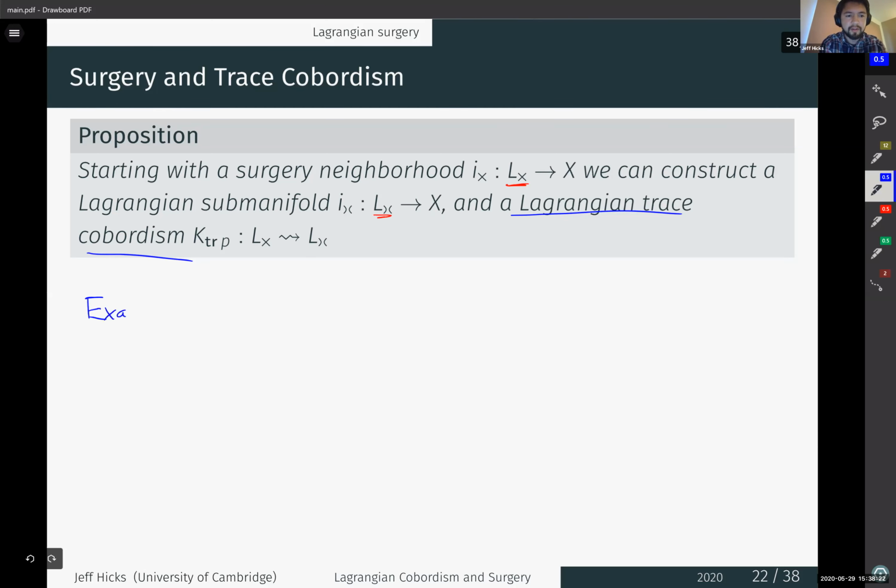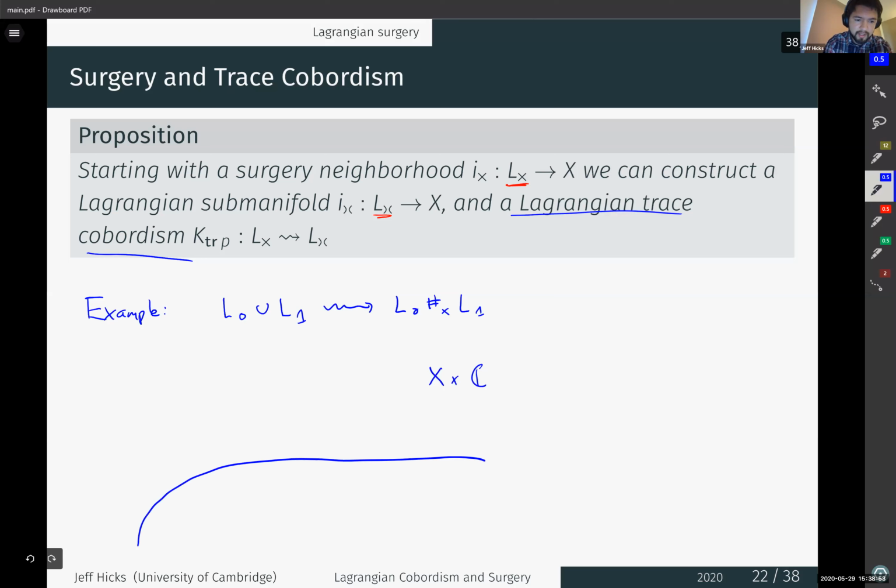So for example, if I wanted to construct the Lagrangian trace cobordism between L0 disjoint union L1 and the surgery, the Polterovich surgery at a point X, then the way that I would construct this trace cobordism is inside of X cross C, I would take L0 cross some path gamma 0, L1 cross some path gamma 1.